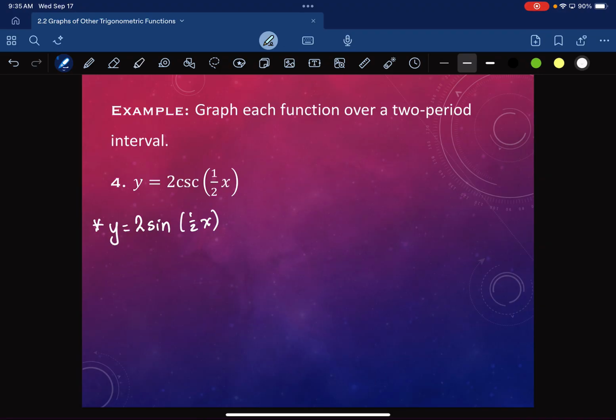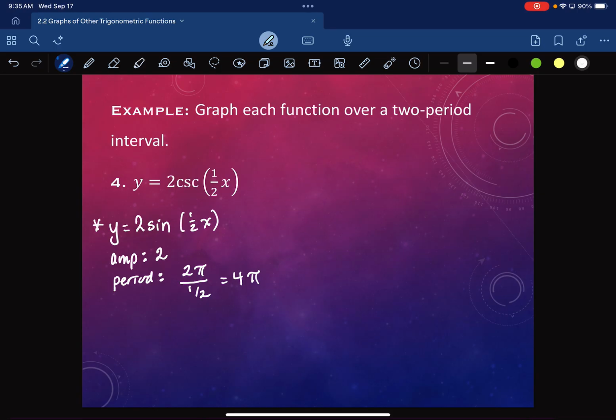Some features of this function: amplitude, 2. And what is my period? Well, my period should be 2 pi, because that's normally the period for cosine and sine, and then it's divided by the coefficient in front of x, which is 1/2. So what is 2 pi divided by 1/2? It is 4 pi. Very good. It's not 2 pi divided by 2, it's 2 pi divided by 1/2. It's 4 pi. Okay, is everybody good so far?